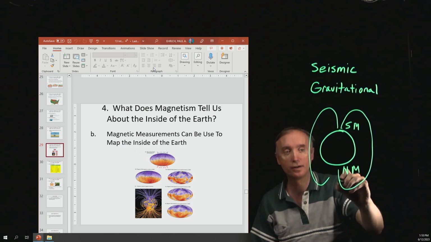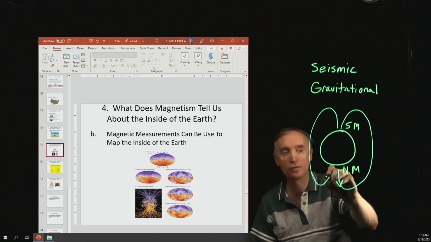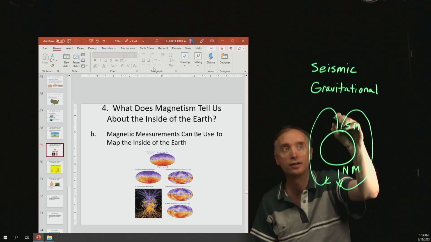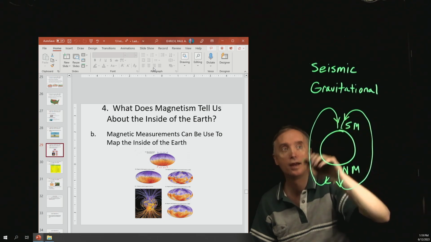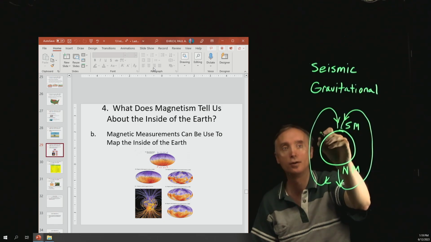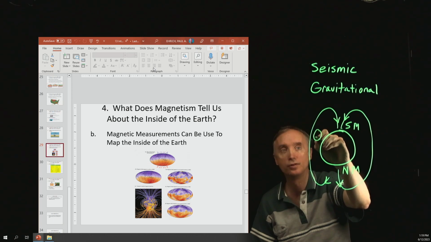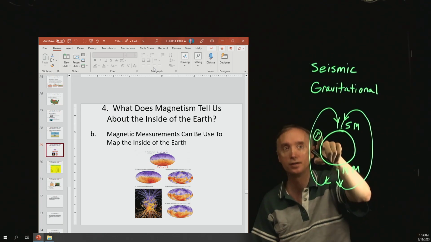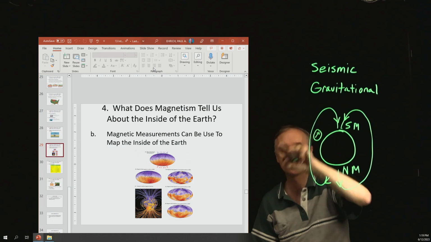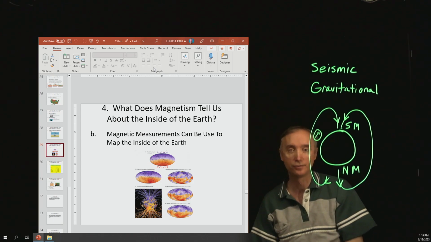And so the magnetic field of the Earth actually comes out of the South Pole, then goes around and goes back in at the North Pole. And that's the reason why the north end of a compass needle points north: the compass needle is aligning itself with that magnetic field.